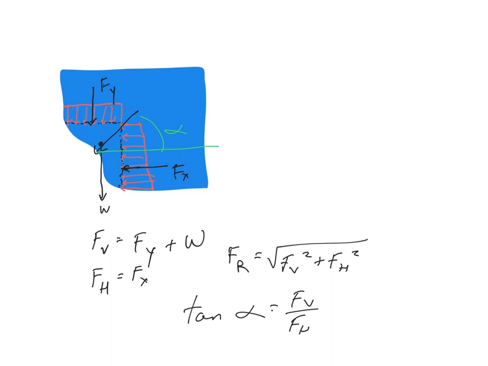And then to find the location of where that acts, this is F sub r, we would need to do a sum of moments about some point and set that equal to 0 and solve for that distance. I'm not going to go through that now. It's going to be different for each situation how to do that.